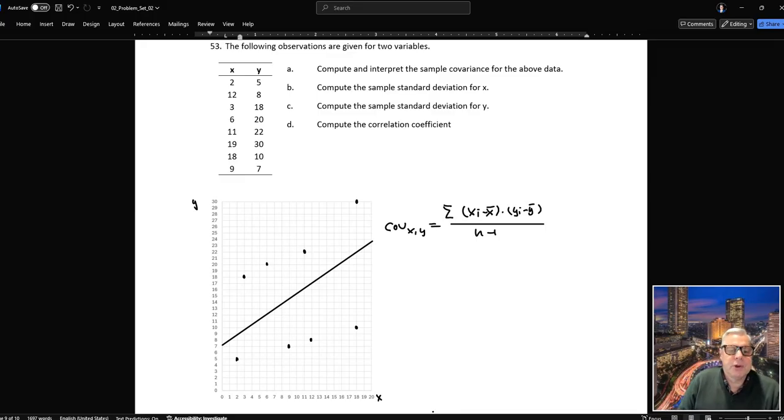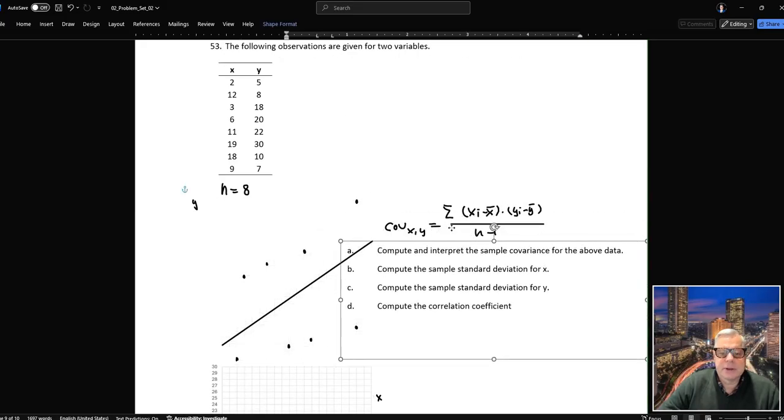Okay, so how many observations do we have? 1, 2, 3, 4, 5, 6, 7, 8. So our n is 8. And so we have 8 dots. Okay. So maybe I'll just expand this column here.